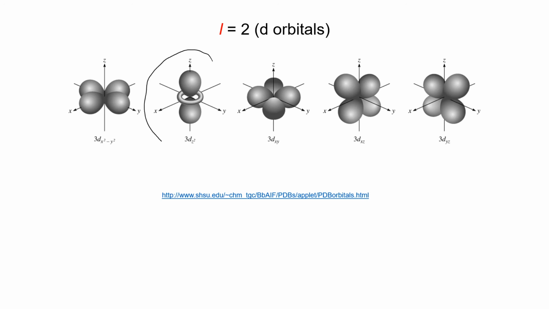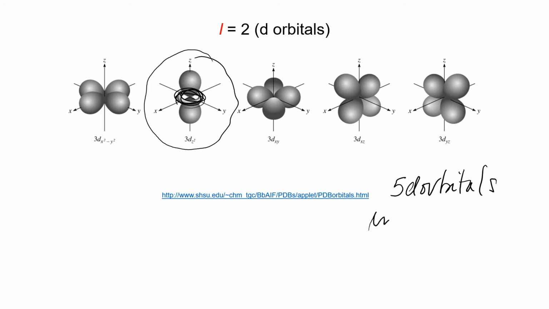And then this one is the only one shaped like this. It's kind of like the p, but it's got a donut around the middle here. The f orbitals are even more complex. So there are 5 d orbitals in the L equals 2 subshell.